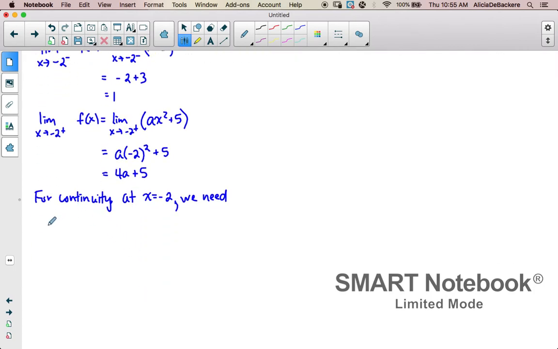So we need the limit from the left to equal the limit from the right. So that tells me that I need 1 to equal 4a plus 5, and then I can solve here for a. So bringing the 5 over and subtracting, and then dividing out the 4. All right, so I know then the a value is -1. You can substitute that in at this point, or I can bring it back in later.